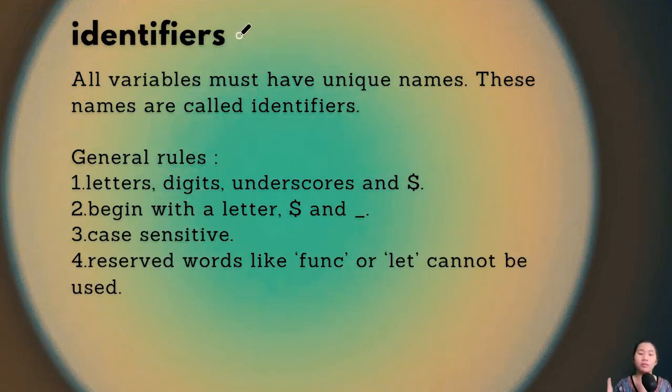Identifiers, we're talking about variable names. Variables should have unique names. Now, since we're just talking JavaScript 101, the whole naming a variable thing is very important in any programming language. But as you become a more advanced coder, you will learn a variety of ways that you should and should not name a variable.